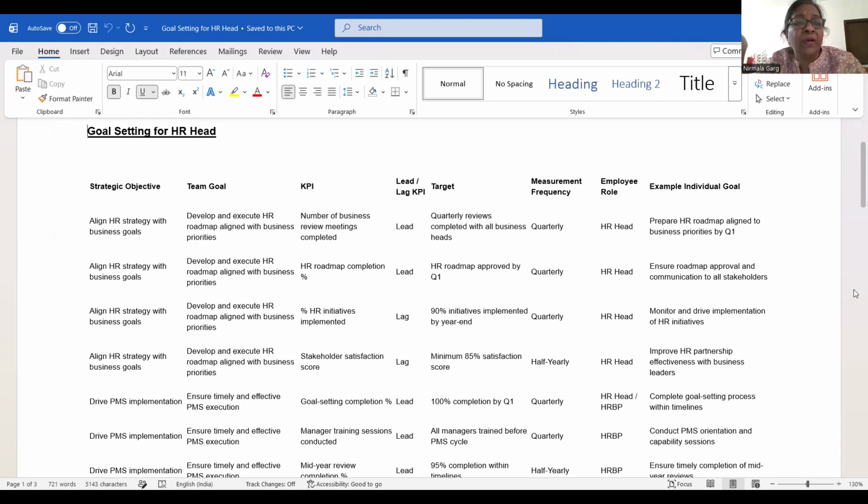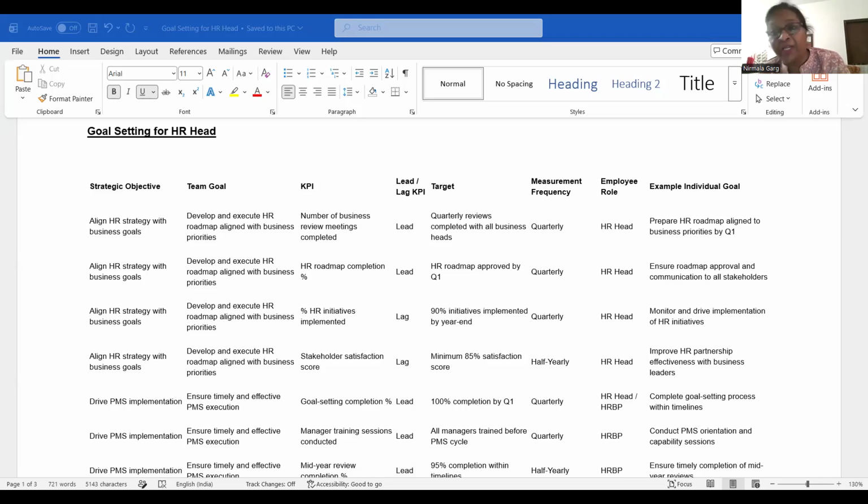He has to create a strategy which has to be aligned with the business goals. So it will be a lot of things. So one team goal would be to develop and execute the HR roadmap along with business priorities, which we talked about yesterday, right?